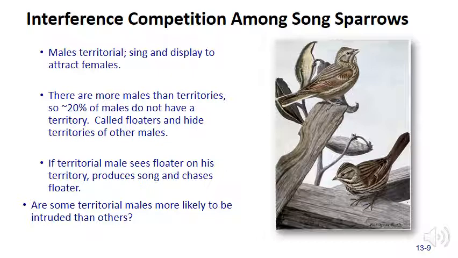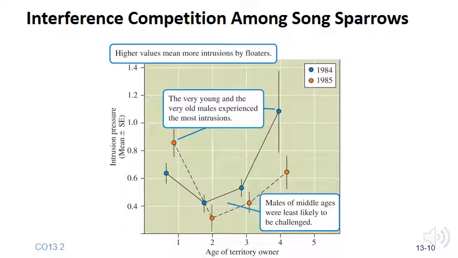So this aggressive behaviour between males is a good example of interference competition. But another thing that's interesting about these interactions between song sparrows is that the territorial males, or the dominant males, don't get attacked or challenged by the floaters in equal proportions across age ranges. So what this graph shows is the relationship between the age of the territory owner and the level of intrusion by floating males.